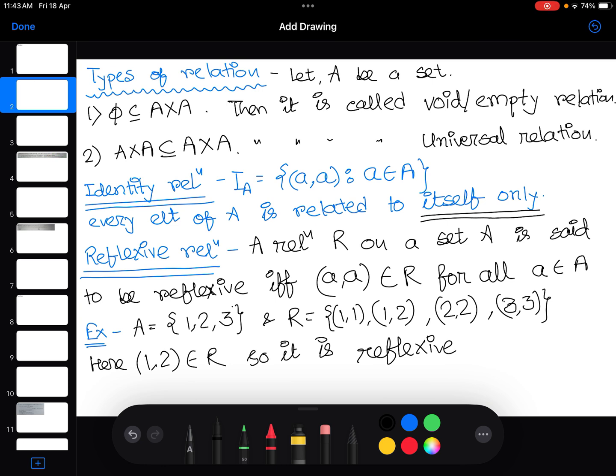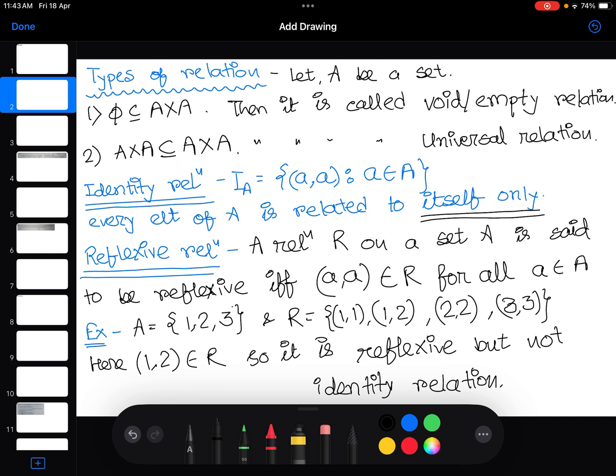That is why (1,2) belongs to R means it is reflexive but not identity. Okay, so we get the difference between identity and reflexive.